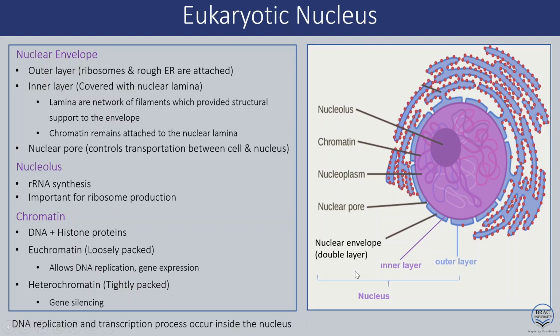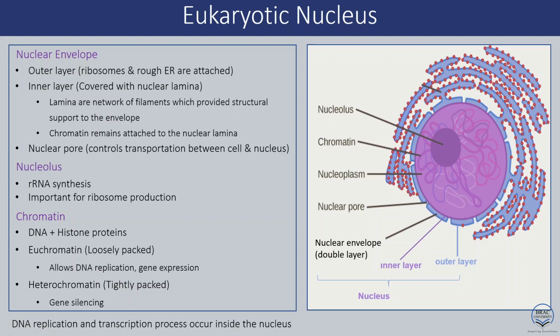So the nuclear envelope is made up of a lipid bilayer, inner layer and outer layer. The inner layer, which is inside the nucleus, is associated with special proteins known as lamins or nuclear lamins. Nuclear lamins are made up of filaments which provide structural support inside the nucleus.